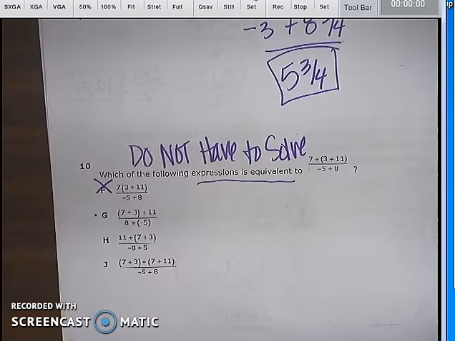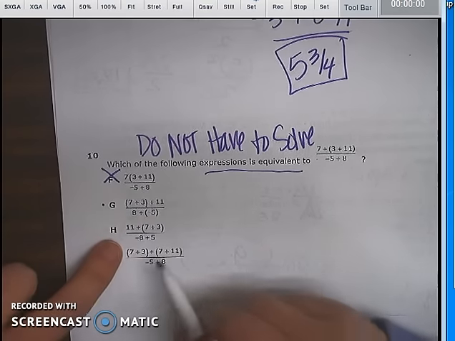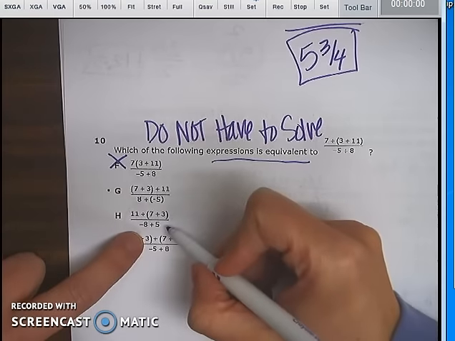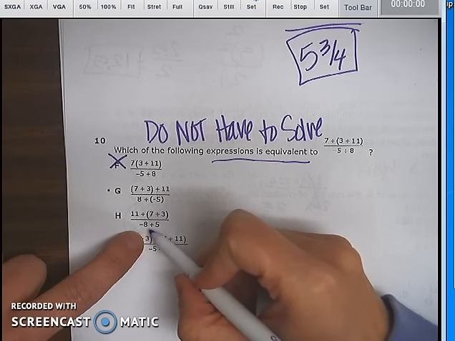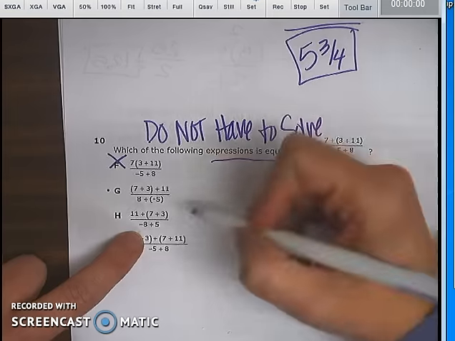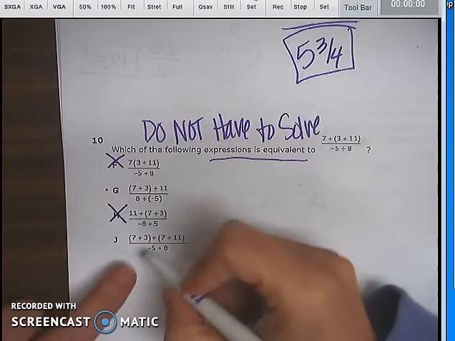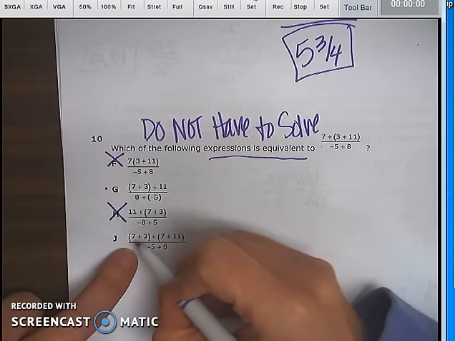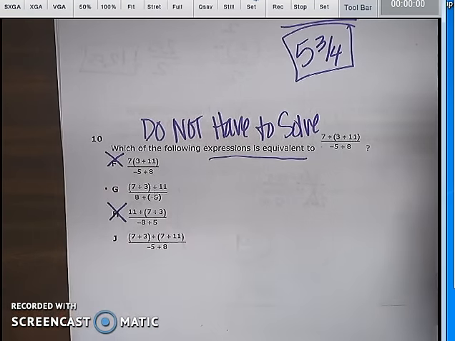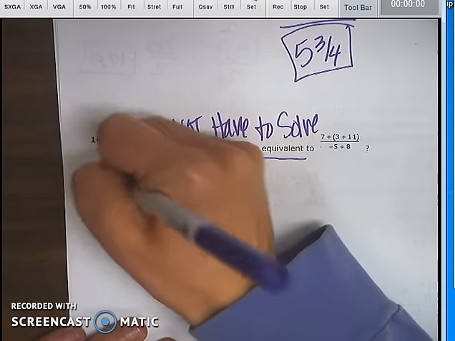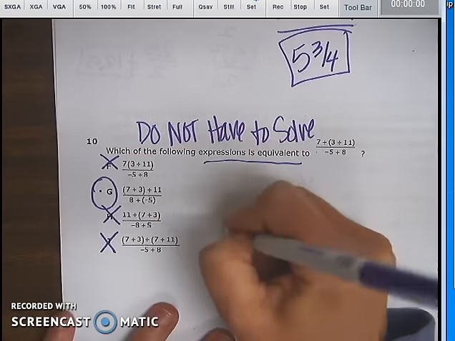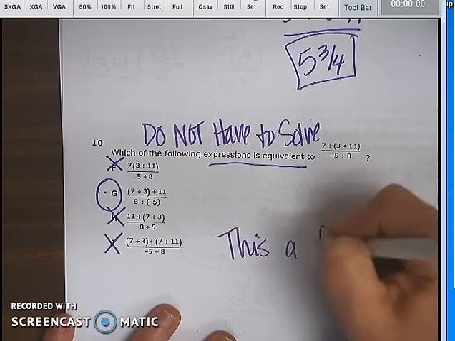That is looking like that might be my answer. Now, right here, the reason why this one is wrong is because they've made the 8 a negative. You can't just do that. This one is wrong because they've added an additional 7. Where did that come from? Do not miss this one. This is a freebie.